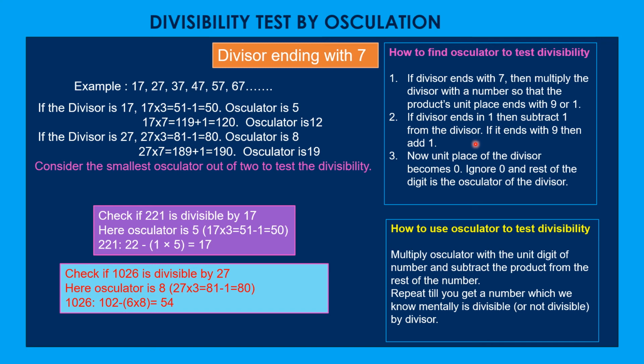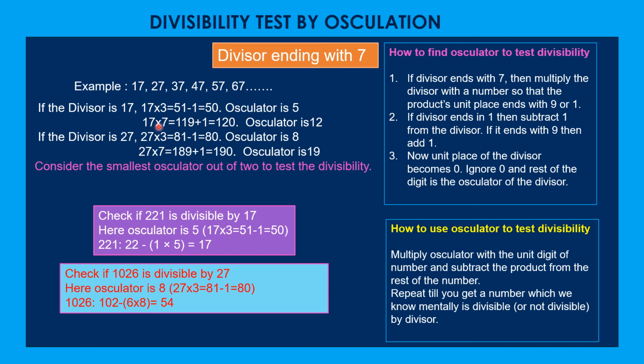Ignore 0 and the rest of the digits is the oscillator of the divisor. For example, if your divisor ends like 17, 27, 37, 47, 57 and so on. So if the divisor is 17, you do 17 times 3 equals 51. And in 51 you subtract 1, you get 50. So your oscillator is 5.